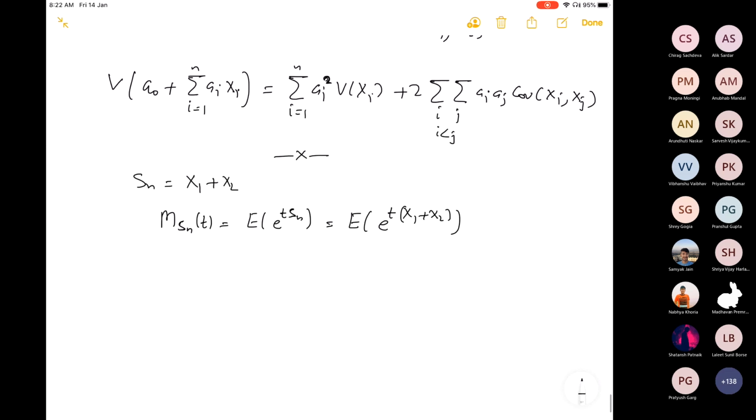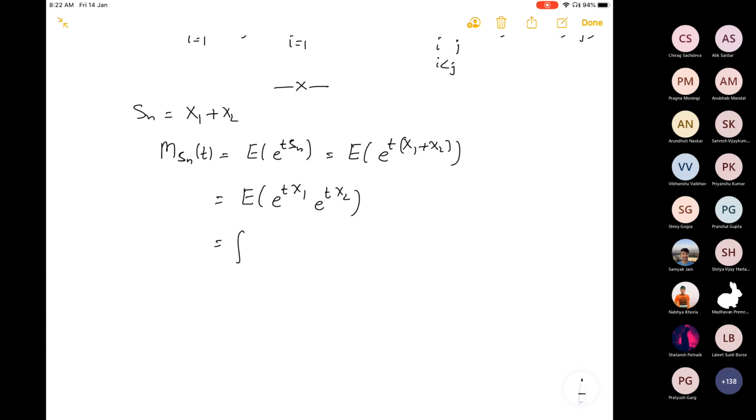So therefore, this will be the expectation of e raised to power t x1 times e raised to power t x2. Let me take x1, x2 as continuous random variables. So e raised to power t small x1, e raised to power t small x2, into the joint density.